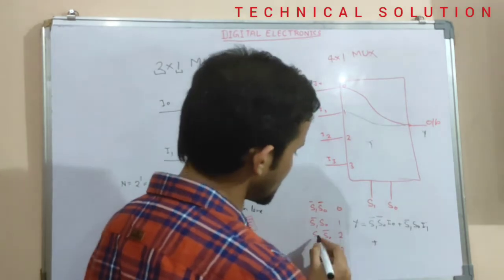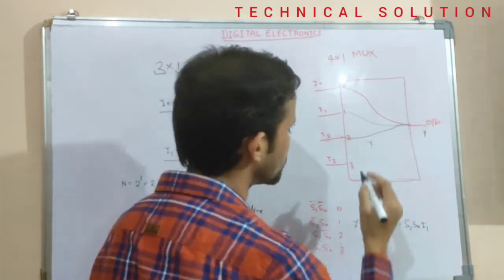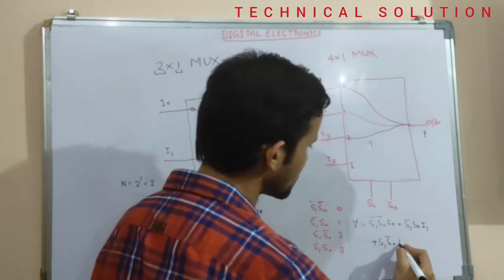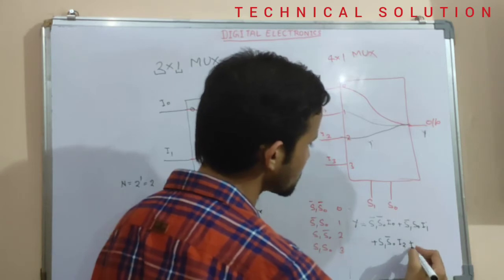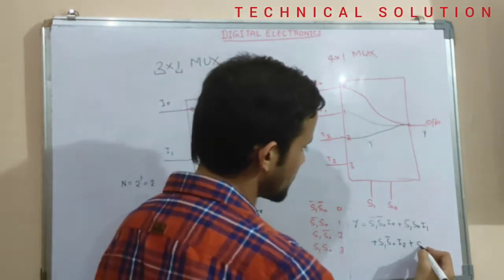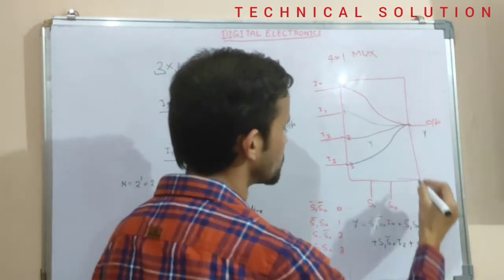If it is S1 S0 bar, then I2 is passed towards the output. If it is S1 S0, then I3 is passed towards the output.